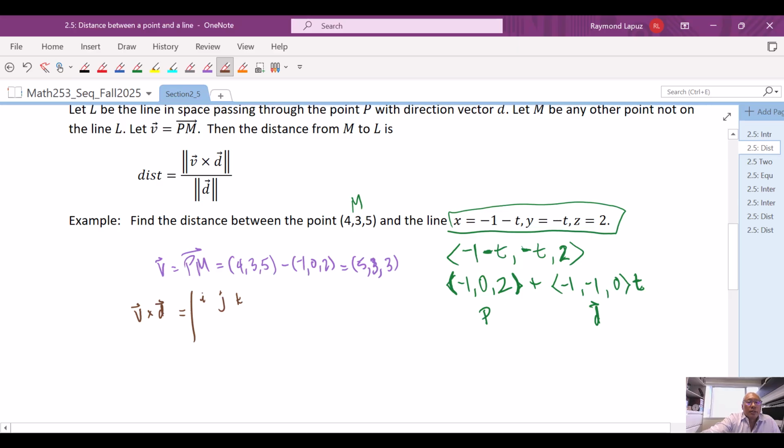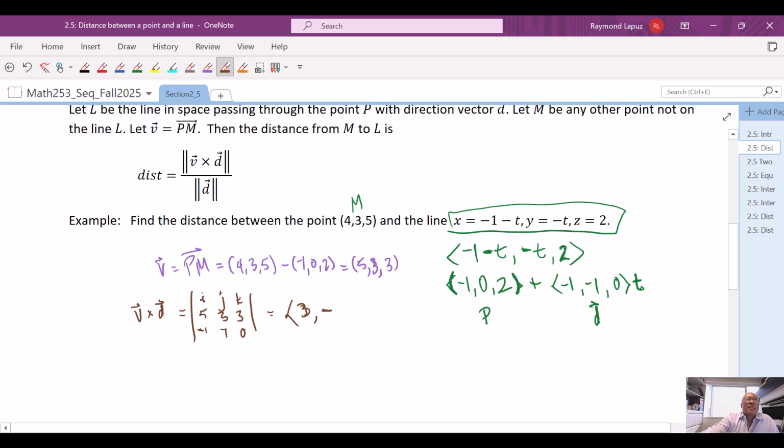The V vector is 5, 3, 3. The D vector is -1, -1, 0. And then in doing the cross product, my i direction is going to be 3 times 0 is 0, minus -3. That's going to be a +3. The second component will be a negative, and then that's a 5 times 0, so that's 0 minus negative 3.